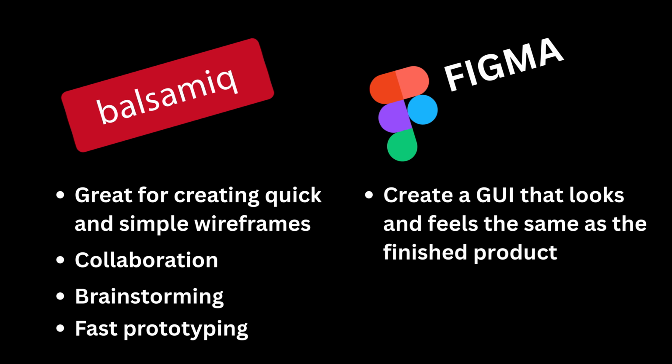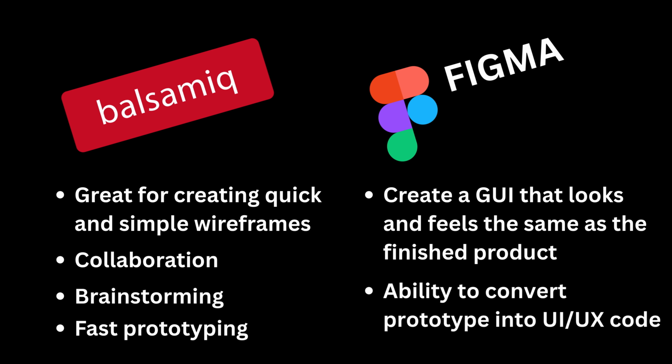And another great thing with Figma is that once you've finished the prototype and you're happy with it and you get your feedback and you can quickly make whatever changes that you want, but once you've signed off on that prototype, as you move forward to development, you can then, providing you've got the right plan in place, the Figma plan, convert that to your UI code, your HTML and your CSS, which saves you a little bit of time in the development process as well, especially if you're doing the development yourself.